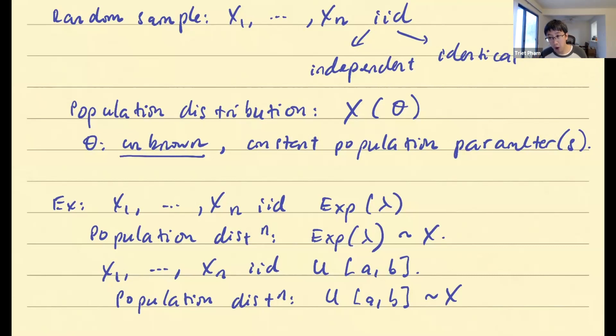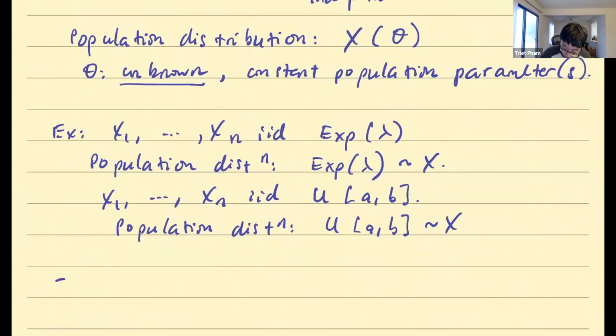So all these things fall into the context of random sample, okay? So the key is that the values of each individual trial follow the same distribution as the population distribution, and they're independent, okay?